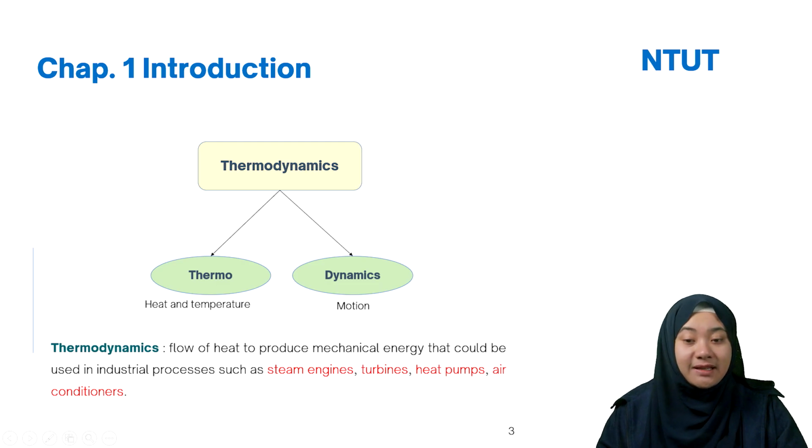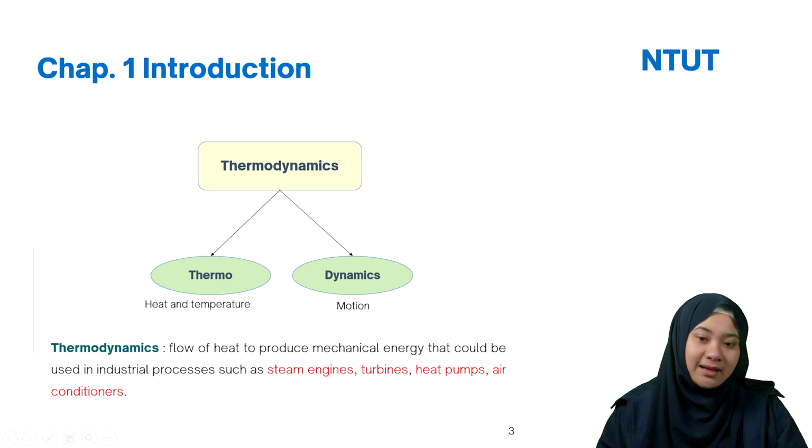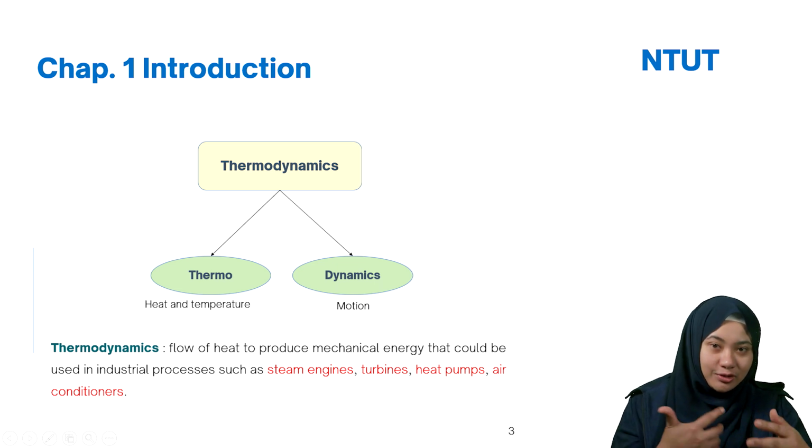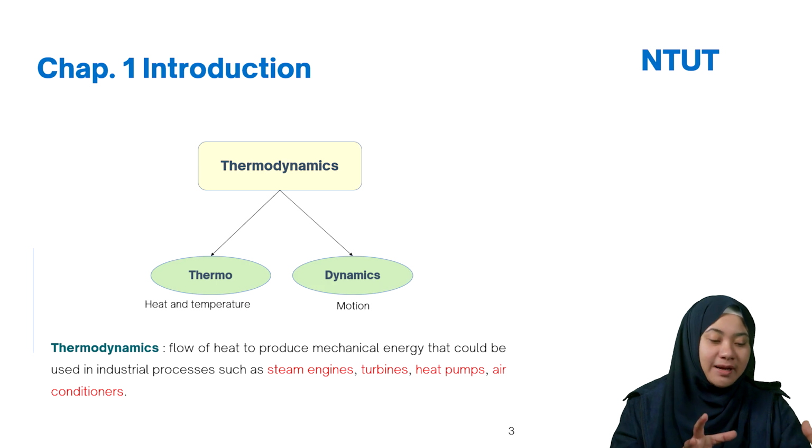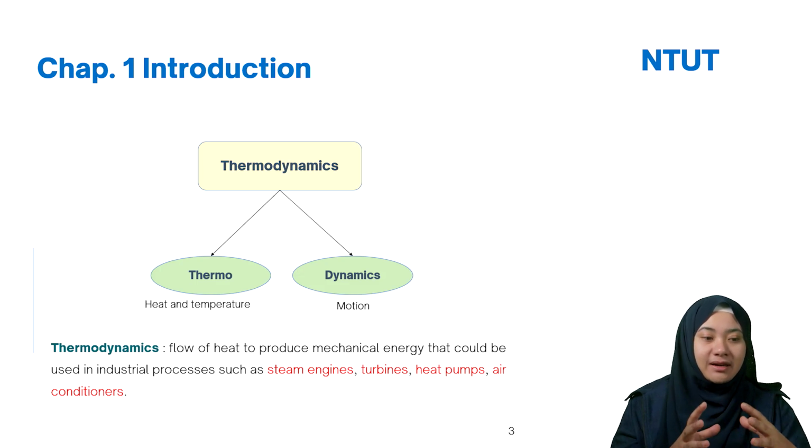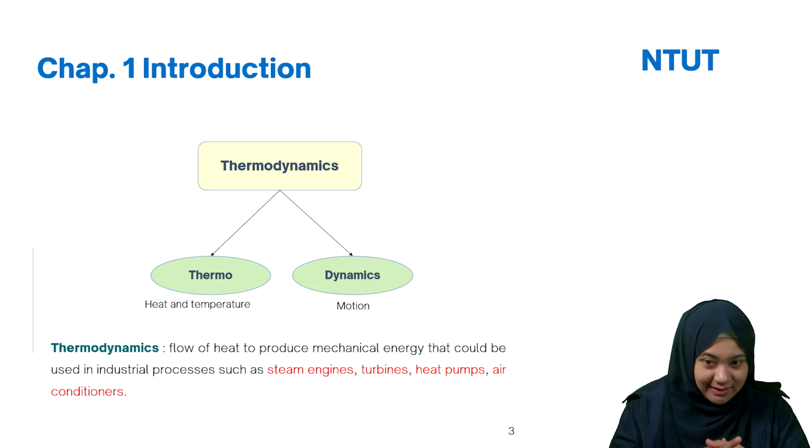In this case, if you look at the flow of heat, how much enthalpy you need to move your turbine, then the turbine can produce energy or electricity. This is the principle. For example, perhaps you have heard about geothermal energy.